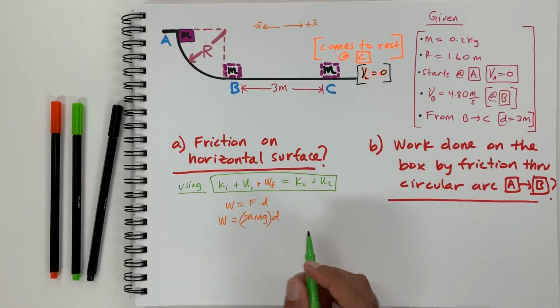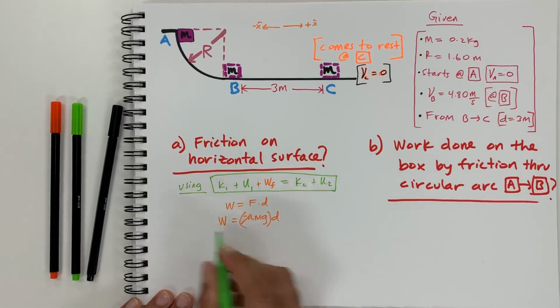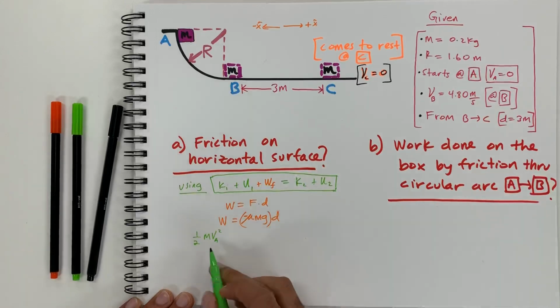So in full, we have the initial kinetic energy, so we have 1/2 mv at A squared.